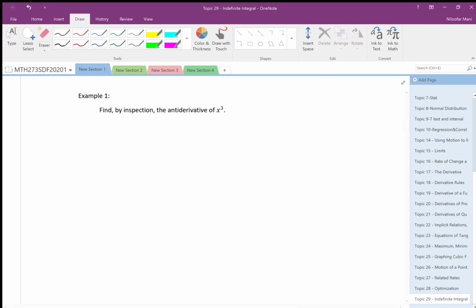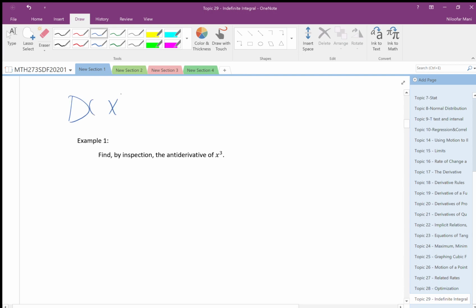You all know that the derivative of x power n is n x power n minus 1. So you would say, when I find a derivative I have to reduce the power, so maybe here I have to add the power. And then you say, I think the antiderivative of this is this. Then I tell you, if you think it's right, then if I find the derivative of that, I should have the original function.